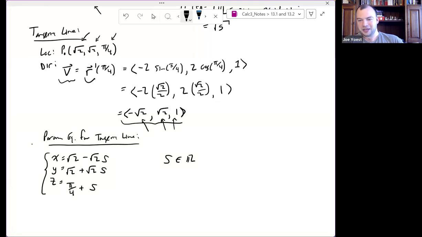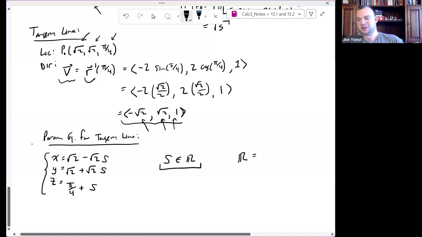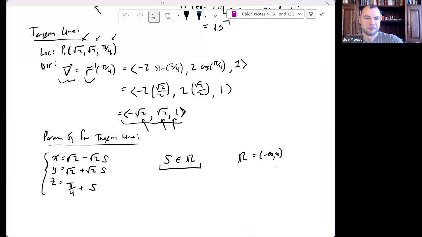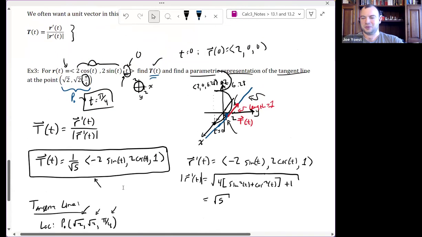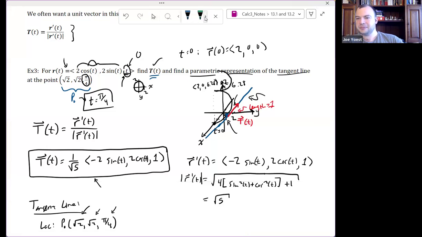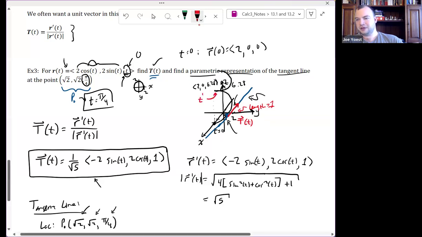Oh, so the domain of s is just real numbers. So this kind of thing just means the real numbers from minus infinity to infinity. Yeah, exactly. The reason we're using s instead is this curve is parameterized by t.